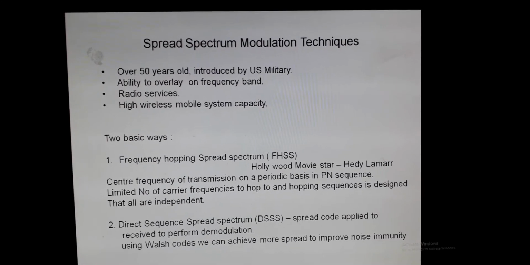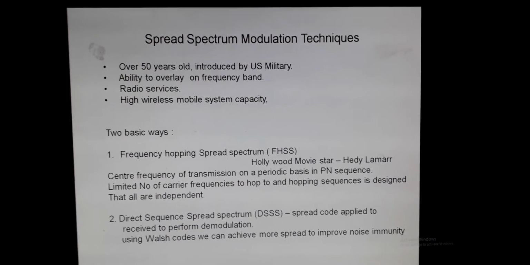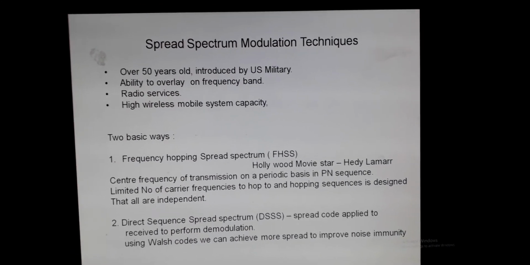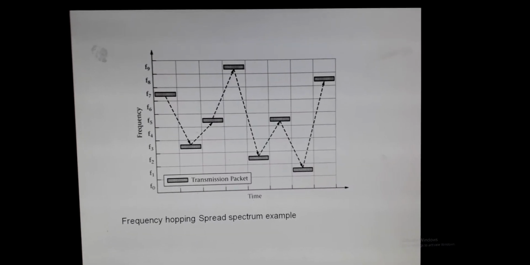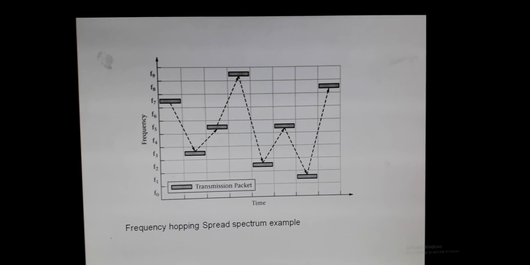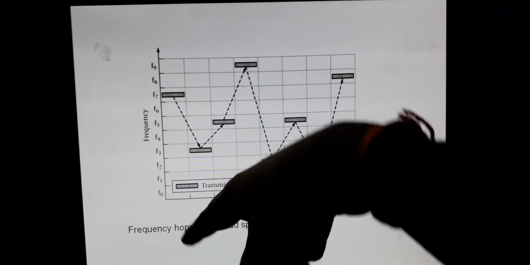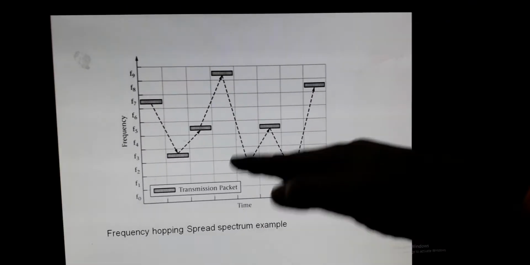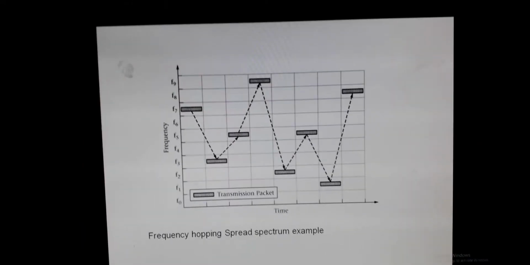Then spread spectrum techniques like FHSS and direct sequence spread spectrum are also very important in wireless modulation techniques. This is the frequency hopping technique. Different carrier frequencies are used for sending different information.